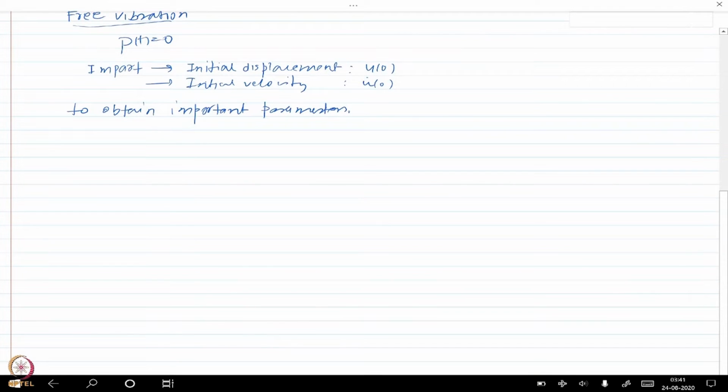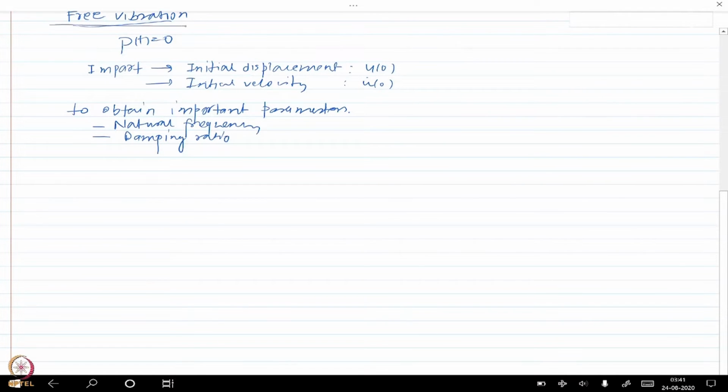Two important parameters, which we are going to define, are the natural frequency and the damping ratio. These two parameters can be obtained using the free vibration of a system.